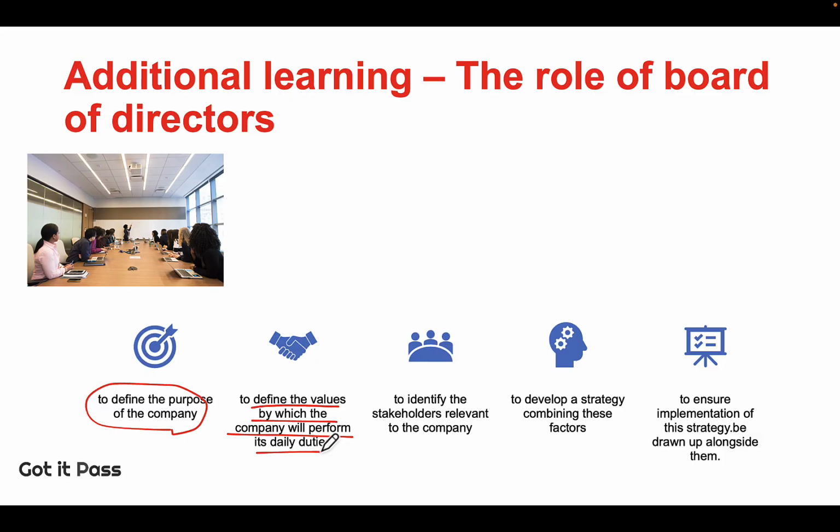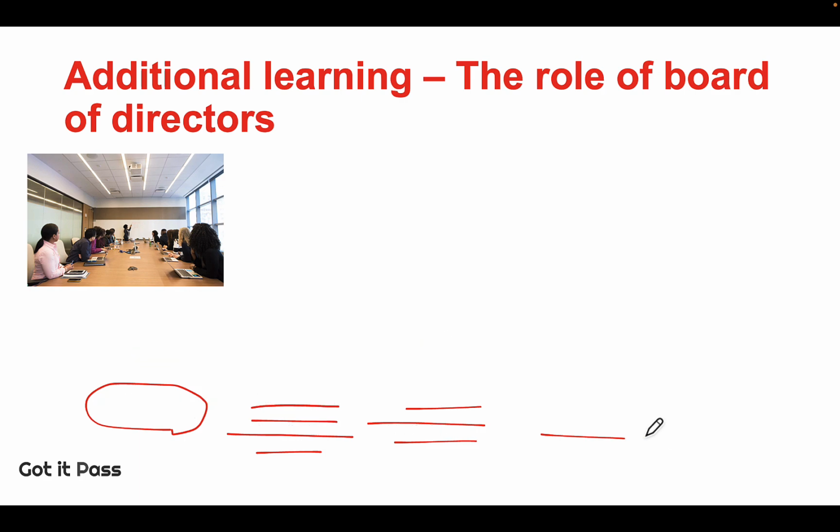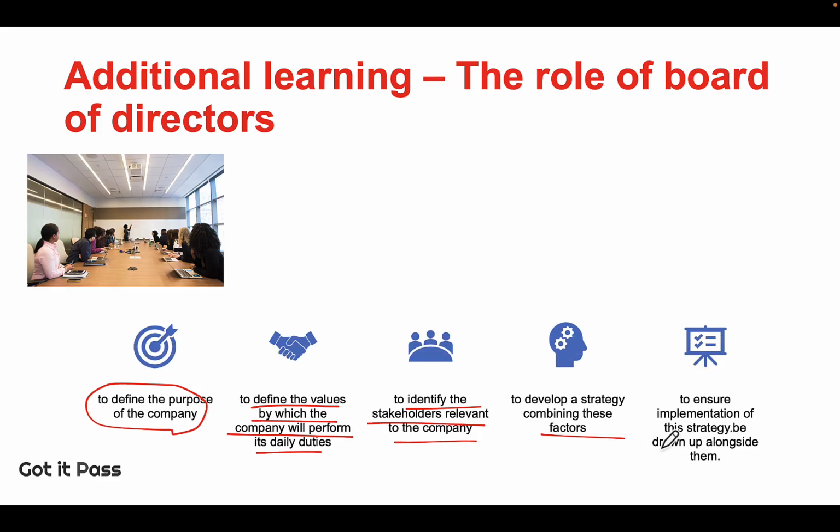Next, the board will identify the stakeholders relevant to the company, and develop a strategy combining these factors. The last role of the board of directors is to ensure implementation of this strategy.